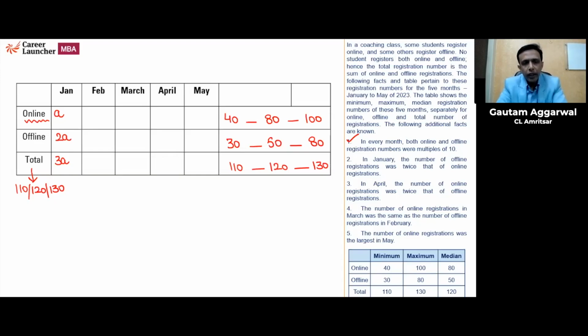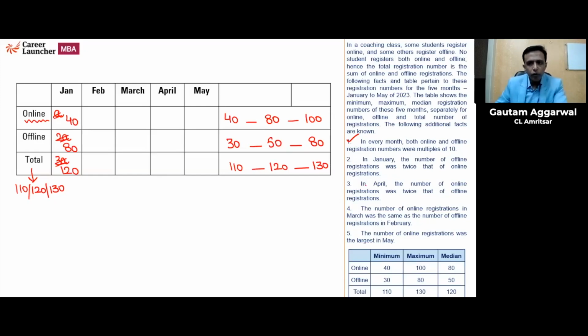Out of 110, 120, 130, the only option left is 120. So that was critical to understand, and these are easier to understand. The total enrollments in the month of January has to be 120. That means A has to be 40. So there were 40 online registrations, 80 offline registrations, and a total of 120 registrations that occurred in the month of January.